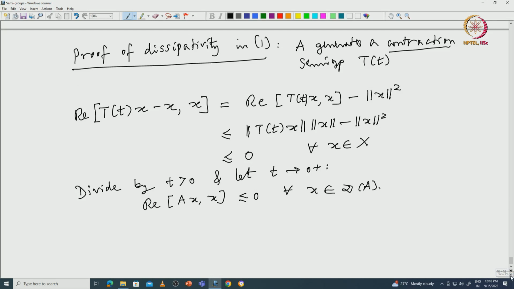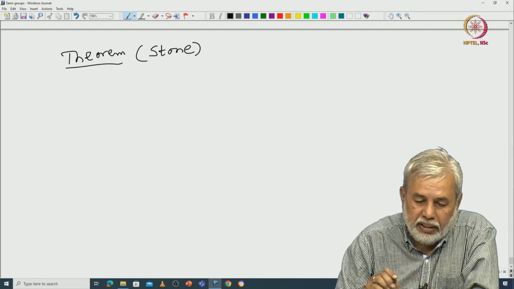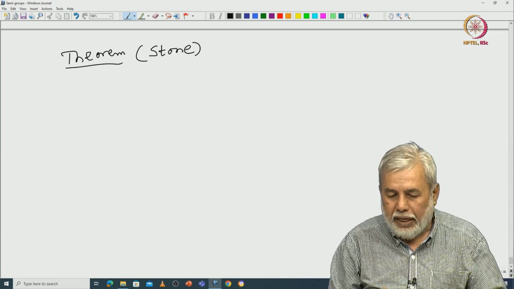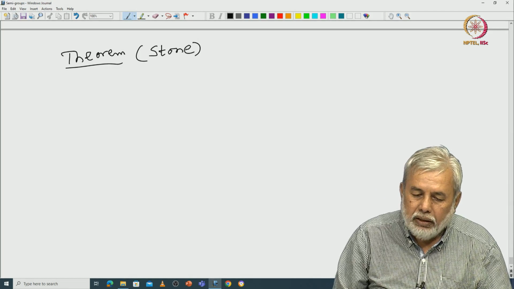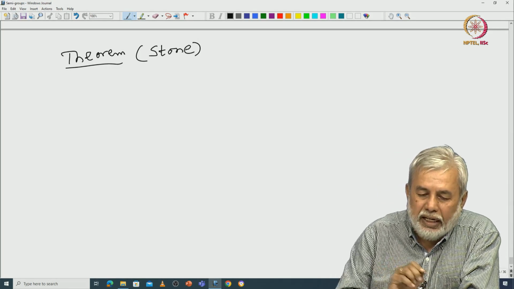Now we come to one important theorem, called Stone's theorem. This was proved many years before the Hille-Yosida theory was discovered, using the spectral theory for self-adjoint operators in a Hilbert space.